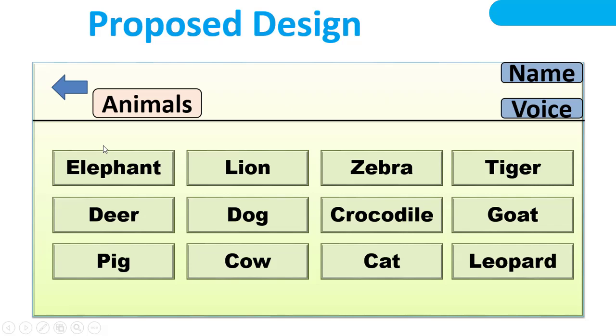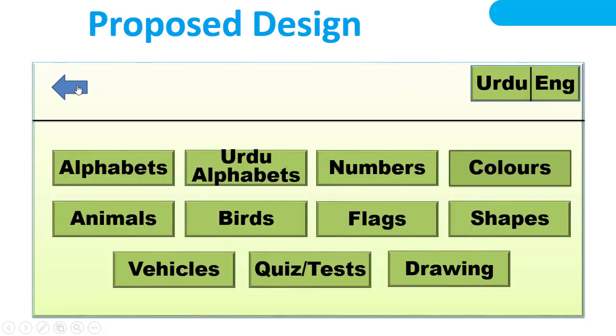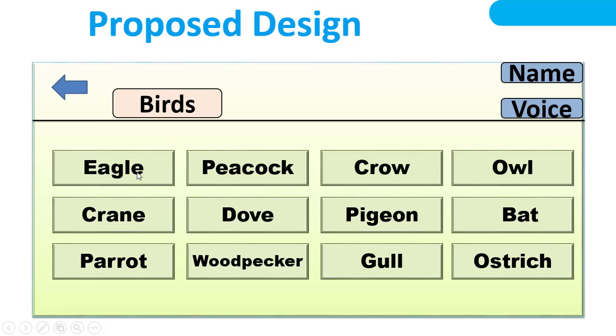After that, animals. In the previous design there was only the picture of the animal, there was no label, so I added the labels. When you click on the animal, its voice will play. Same with the birds, where the names are written.